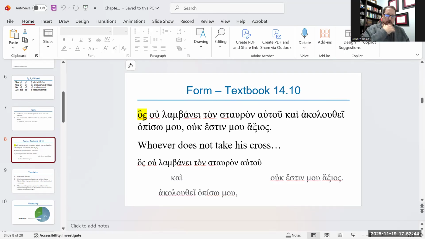I want you to feel comfortable enough to stretch yourself to put a form of the relative pronoun in English that makes the most sense. But it has to be the same form. So if I gave you this sentence on a quiz or a test, and you translated it whoever or whomever, I'm not going to get wrapped around the axle if you use whom instead of who and you're using it incorrectly.